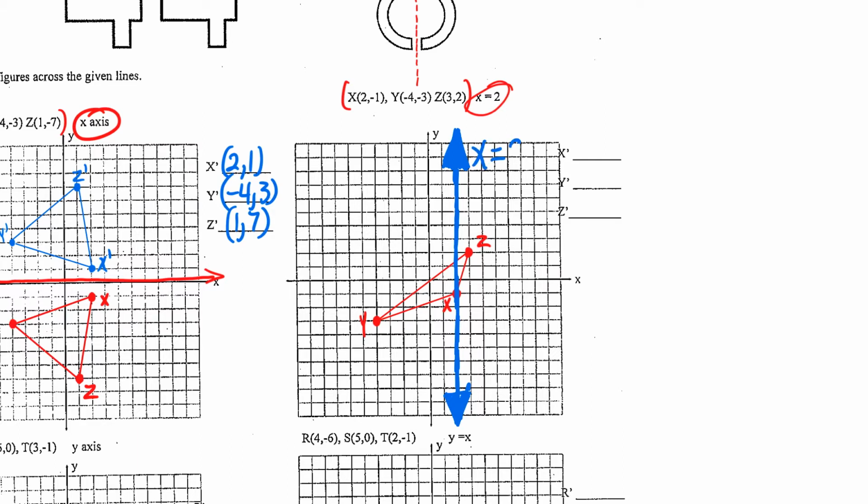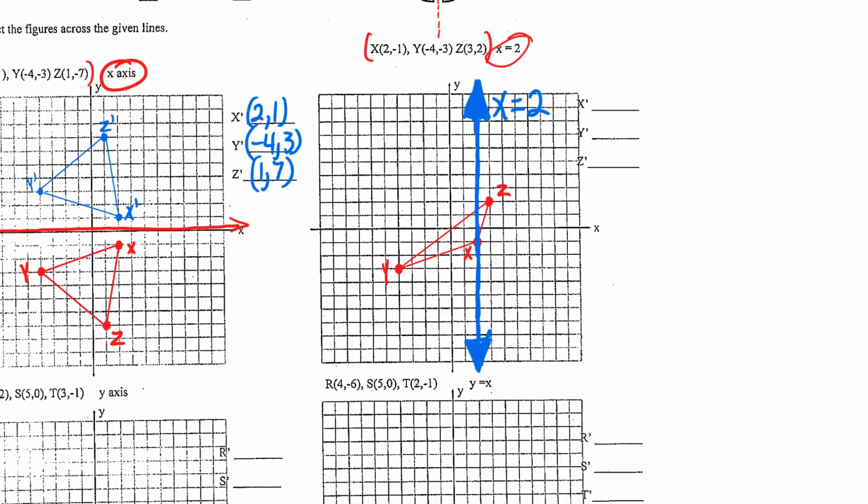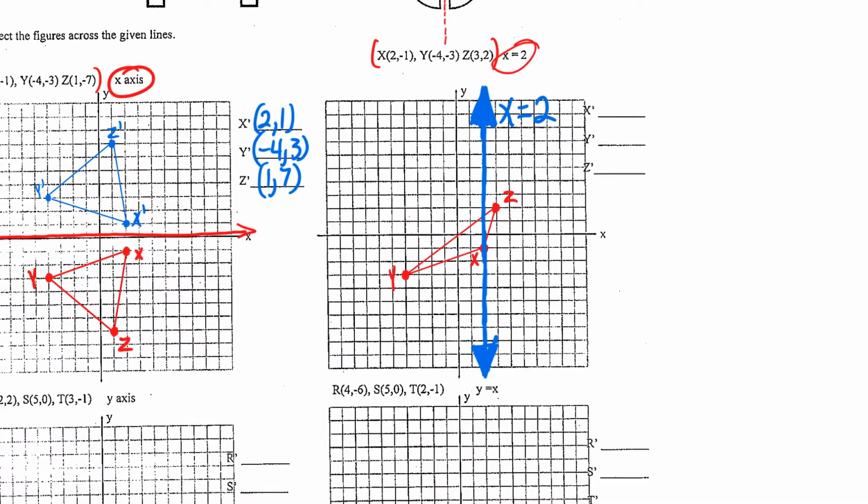That line right there is the line x equals 2. It is a vertical line. It's everywhere where x is equal to 2. So we are reflecting across that line. Now this one's going to look a little bit weird, but it's what it is.